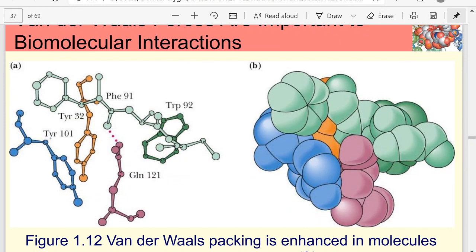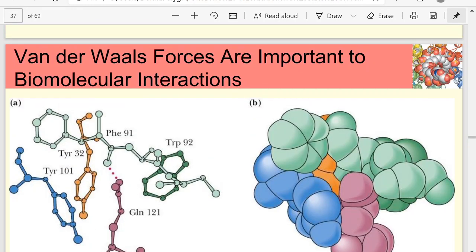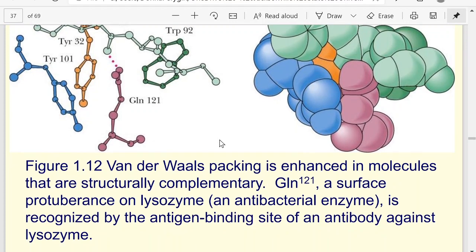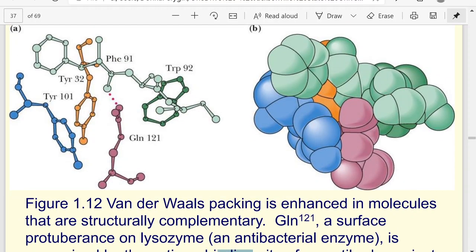So here we have an example of how these van der Waals forces are important to biological interaction. So here we have the lysozyme, which is a bacterial enzyme, okay, and we have kind of a binding pocket here that is recognized by an antigen binding site of an antibody against lysozyme.